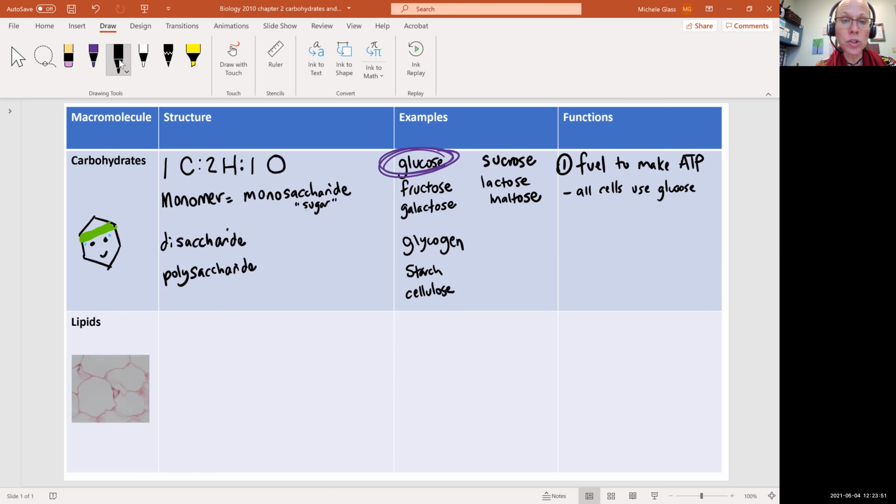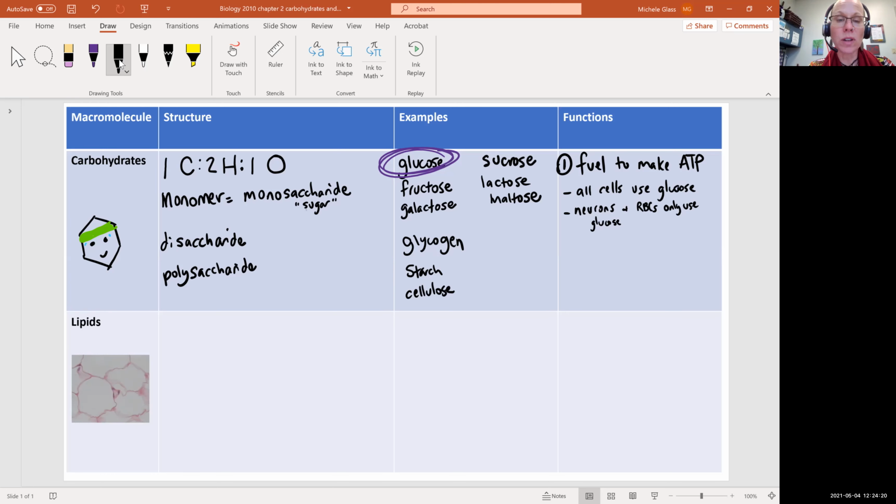Sucrose is table sugar. Lactose is milk sugar. Maltose is malt sugar. When we eat those disaccharides, we break them down into glucose and then use that glucose to make ATP. And then what we'll see is that only neurons and red blood cells only use glucose.